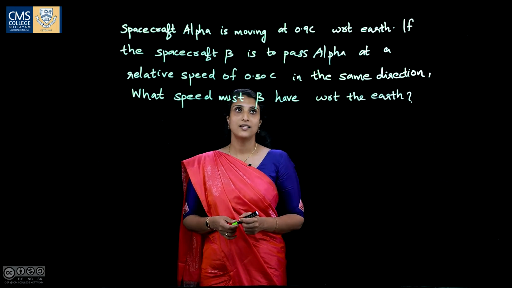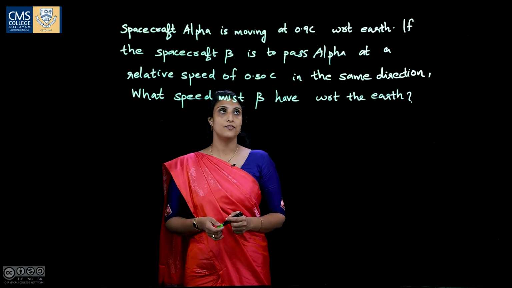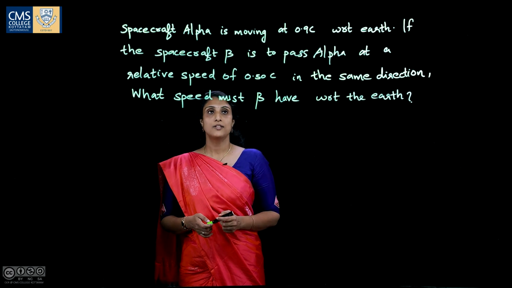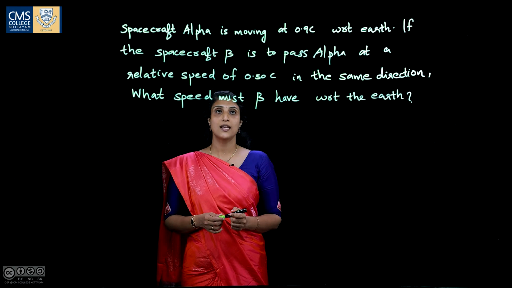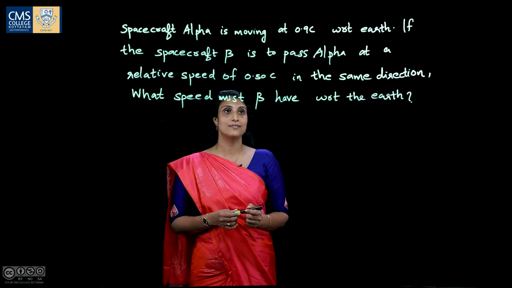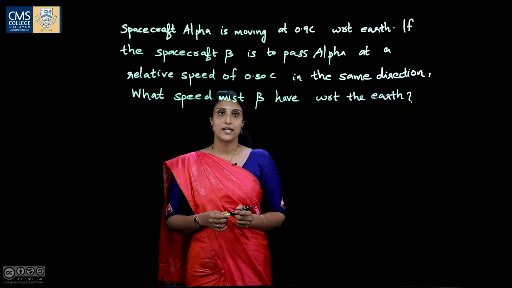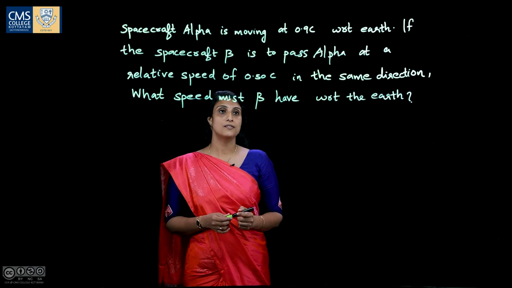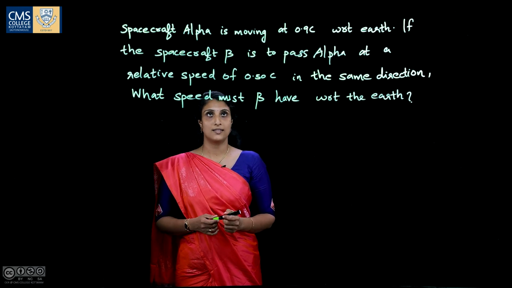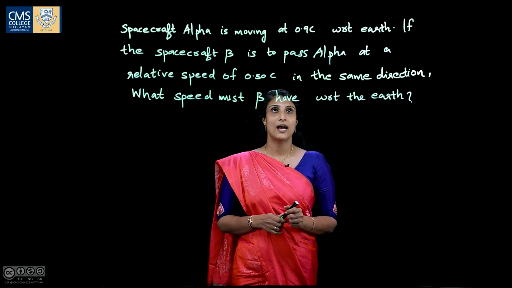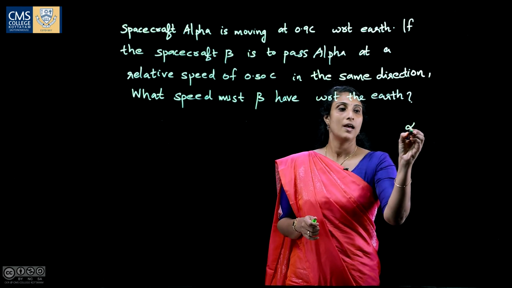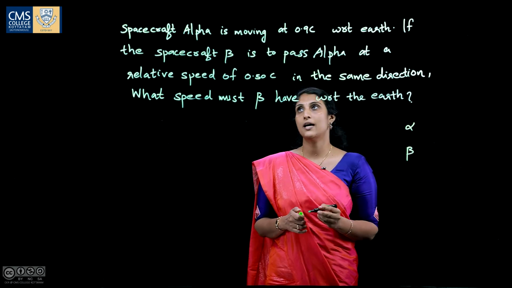Spacecraft alpha is moving at 0.9 c with respect to the earth. If the spacecraft beta is to pass alpha at a relative speed of 0.5 c in the same direction, what speed must beta have with respect to the earth? Here we have the spacecraft alpha and the spacecraft beta.